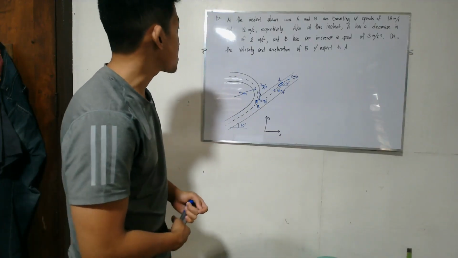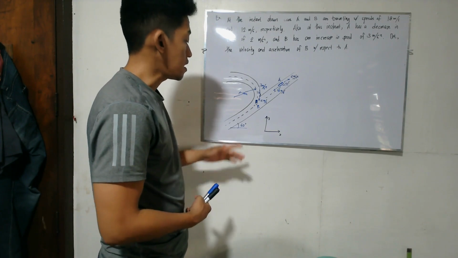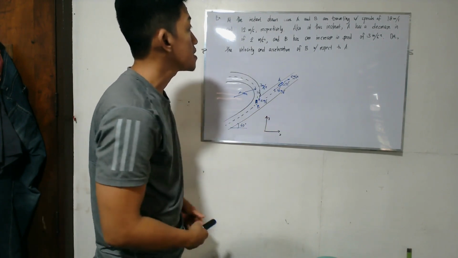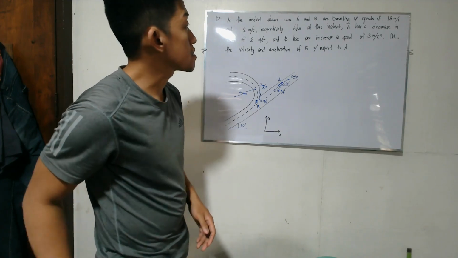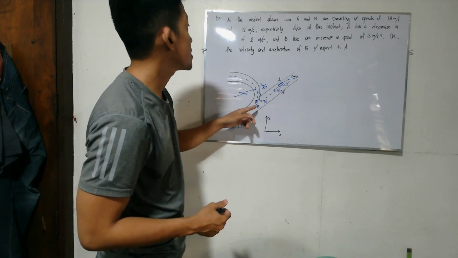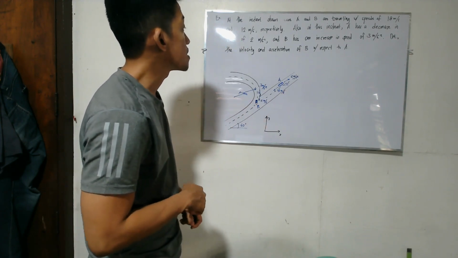Okay, so this is the problem. At the instance shown, cars A and B, so this is A and this is B, are traveling with speeds of 18 meters per second and 12 meters per second.